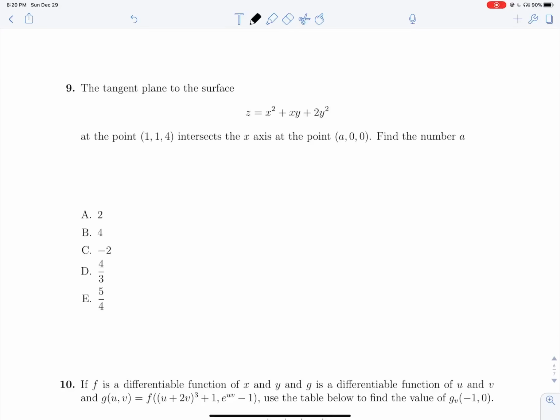The tangent plane to this thing at this point is, well, something. We've got to find it, and it's intersecting the x-axis at some point, and we're finding that point.